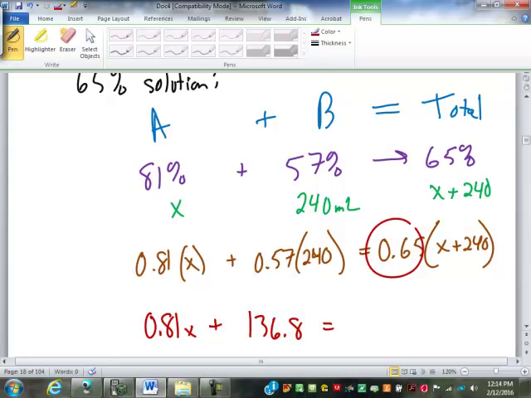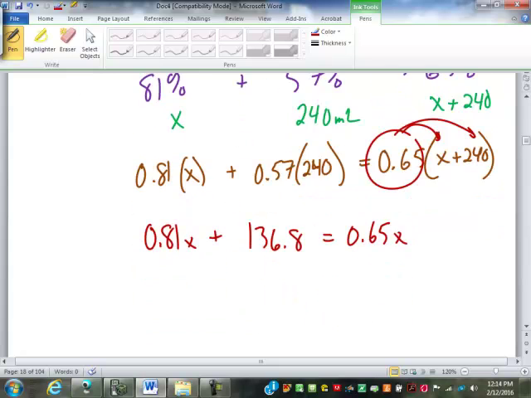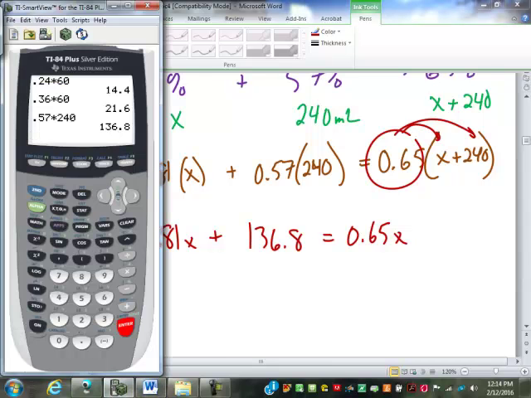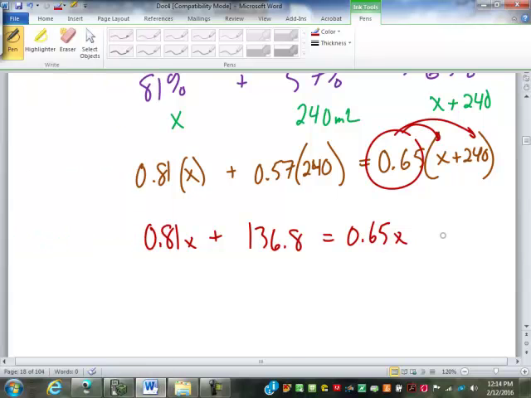Here we're going to distribute again. 0.65 times x is 0.65x. 0.65 times 240 is 156.